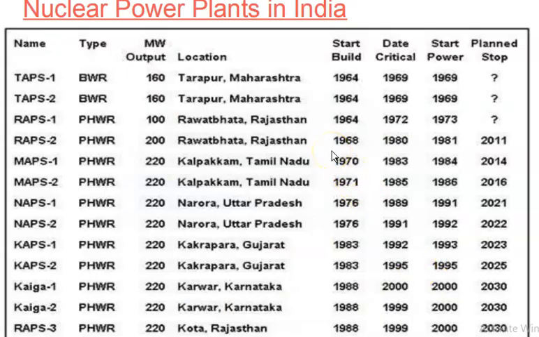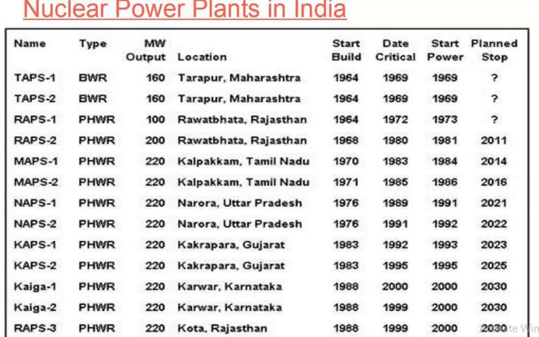We will now see what the different nuclear power plants in India are, where they are located, what the output is, and their type. The first nuclear power plant in India was in Tarapur, Maharashtra.